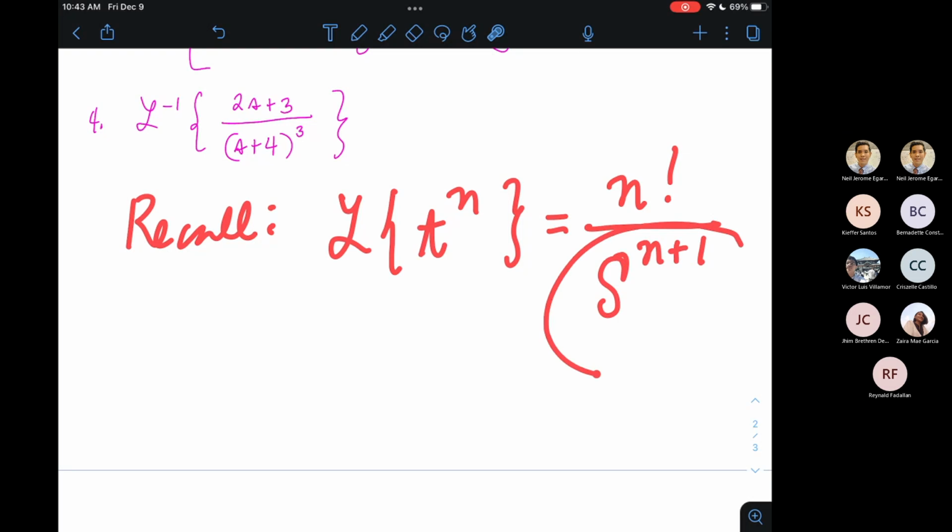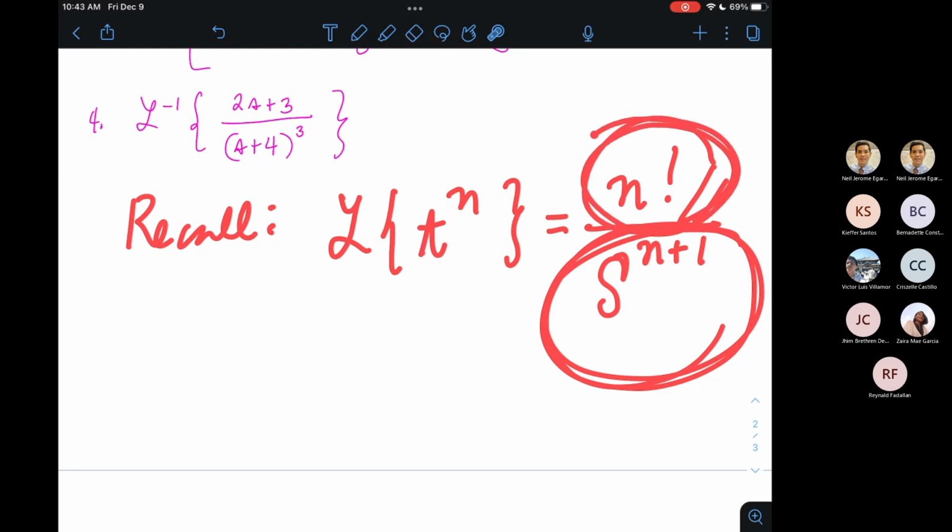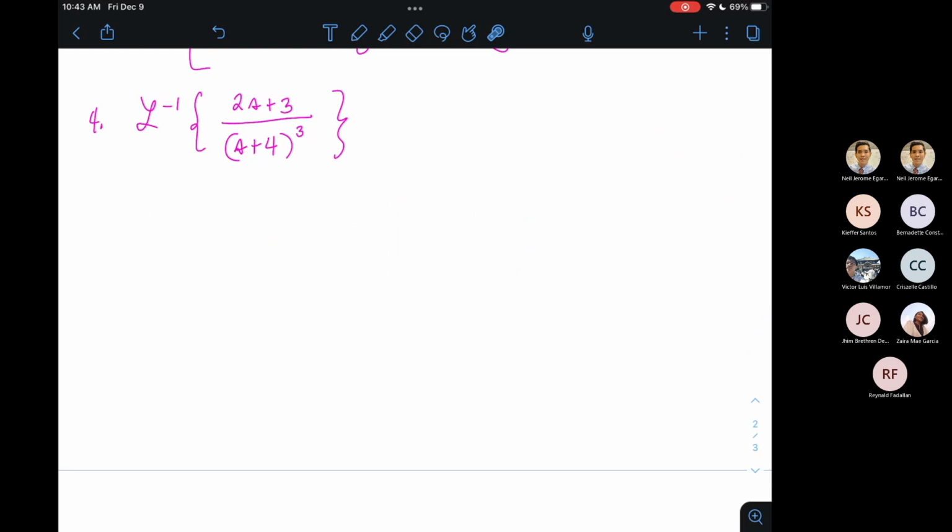So pag may power ka ni s sa denominator, tapos may constant ka, which is a factorial, then you should be good. But again, our lesson kanina, pag may kulang ka na constant factor, madali lang siyang i-introduce. Kasi i-divide mo lang siya uli, mabalik ka dun sa n factorial na gusto natin. Right? So, yun yung plan.